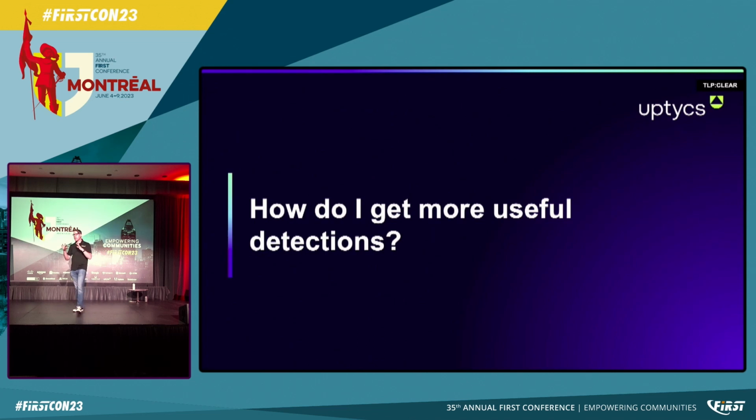A lot of this is actually based around things like the TLP scheme that we have at the moment, where it's nice and simple, or relatively simple compared to other schemes. And I wanted to find a framework where I can say, these are super important and these are not important, and have that easily understood by the detection team, and also by my SOC or my CSIRT team as well.